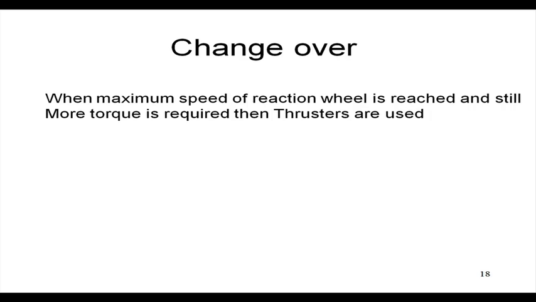So what is done is we have to stop this motor and let this torque be taken over by something else and get into the natural phenomena. That is done by a technique called changeover. When the maximum speed of the reaction wheel is reached and still more torque is required, then the thrusters are used. Thrusters work on a principle just like rocket propulsion.